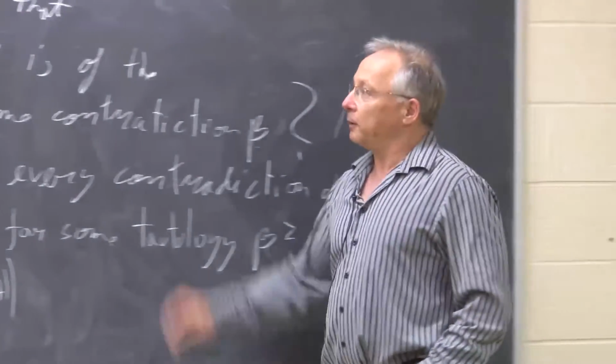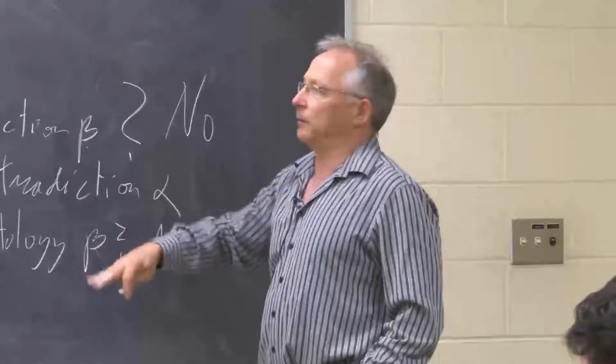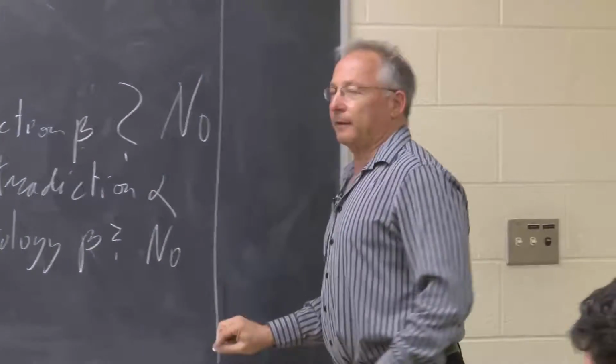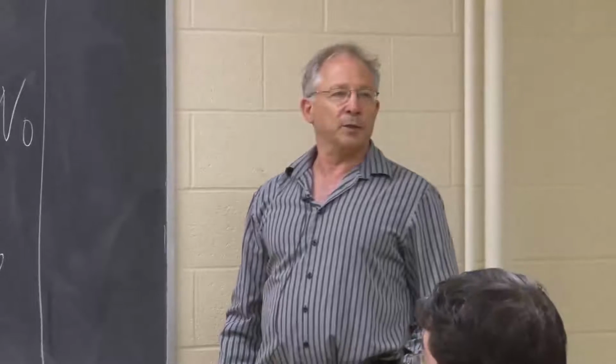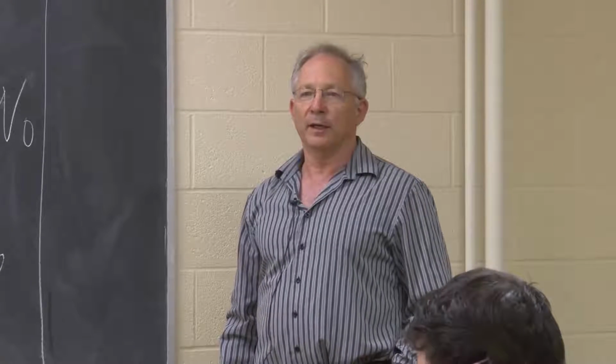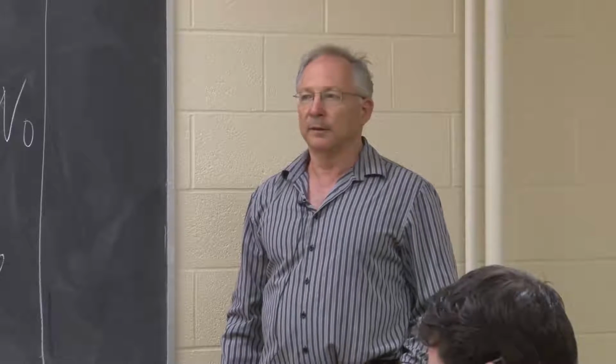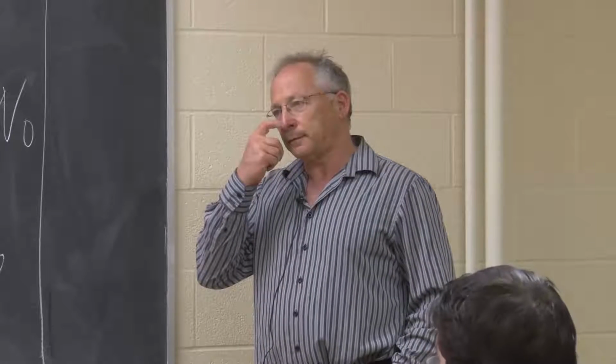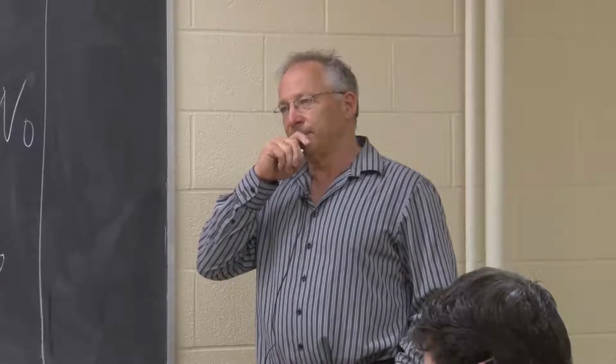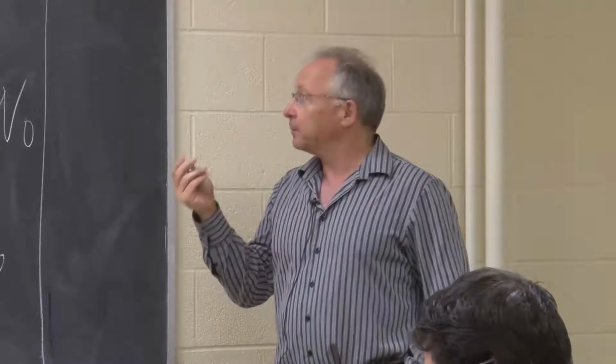So what is true? So those two things are too strict to be true. But what can we say that is true about the relationship between tautology and contradiction? Yes? For any contradiction alpha, then neg alpha will be a tautology, and vice versa. Right.